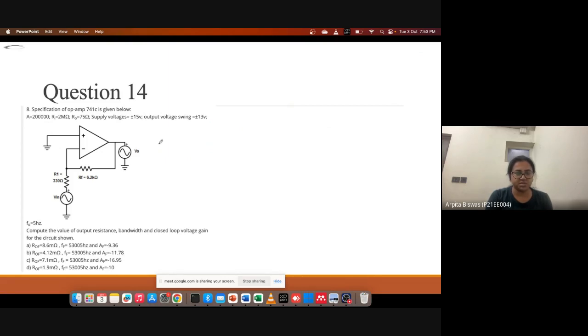And the option C is ROF equal to 7.1 mega ohm and FF equal to 53005 hertz and AF equal to minus 16.995. And option D is ROF equal to 1.9 mega ohm, FF equal to 53005 hertz and AF equal to minus 10. So try to solve the question.